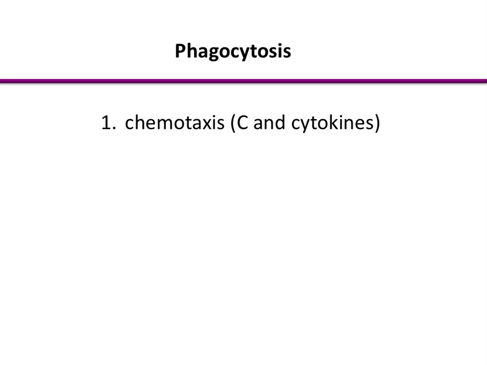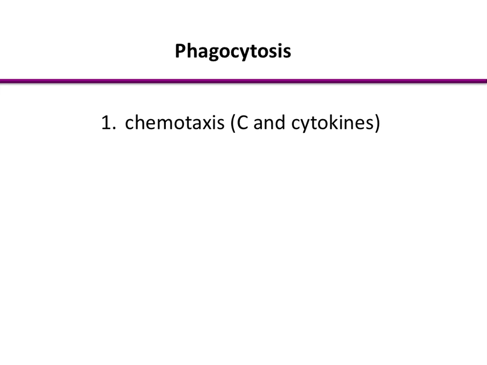What happens in phagocytosis? First, the cells have to be attracted to the site of infection. If we talk about PMNs, they circulate in blood, and if there is an infection in tissue, they have to leave the blood vessels and get into the tissue to do their job.